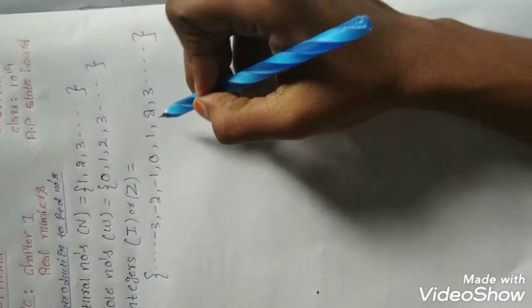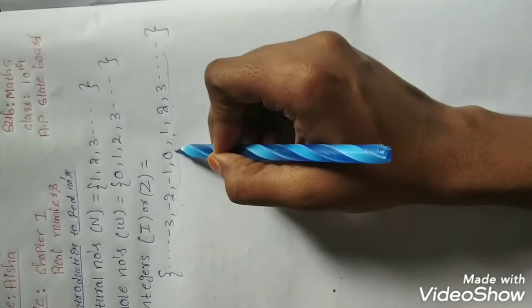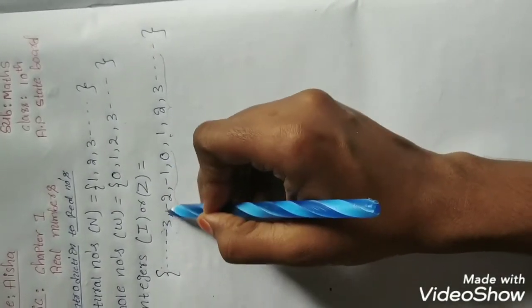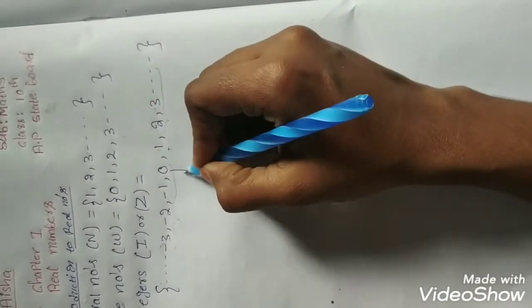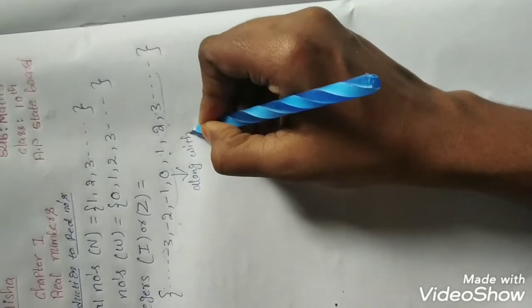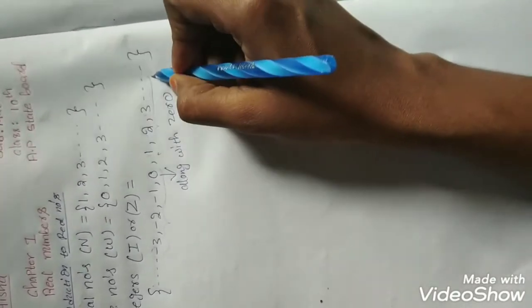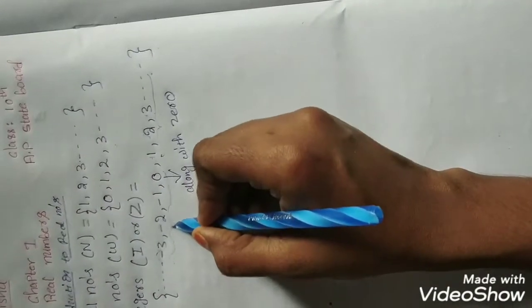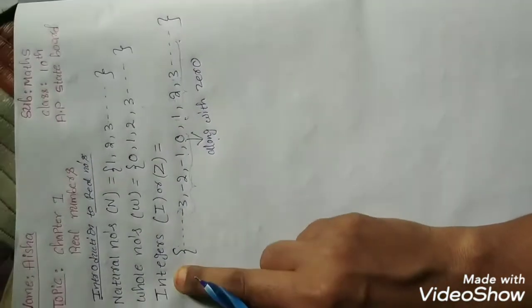Here, look, these are the positive values and these are the negative values, because the sign is a minus, and the sign is a +1, +2, +3 along with 0. So the combination of positive values and negative values along with 0 is called integers. I hope you understand guys.